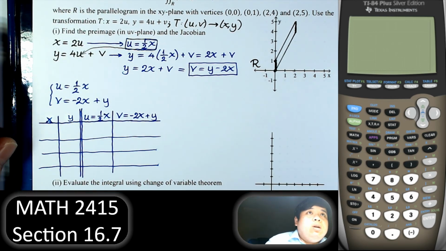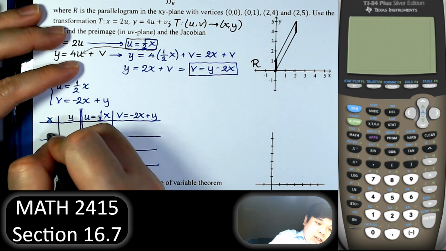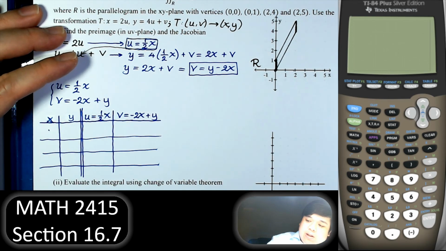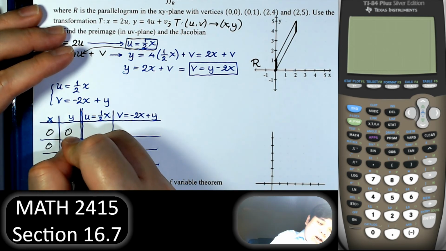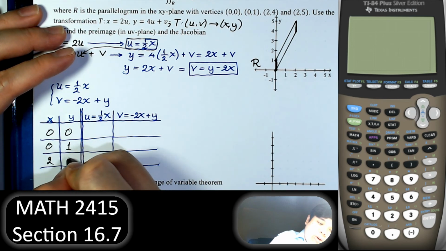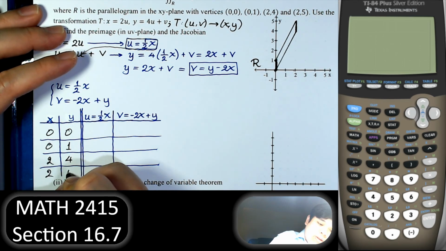We have the points 0, 0 for xy, 0 and 1, 2 and 4, 2 and 5.